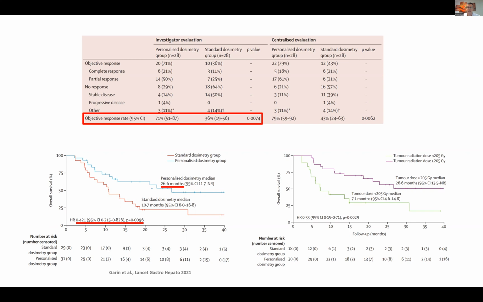So here we could see that the phase 3 trials conducted previously were poorly designed because there was no dosimetry included. And now we understand why they are negative.